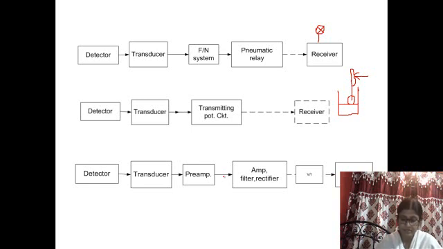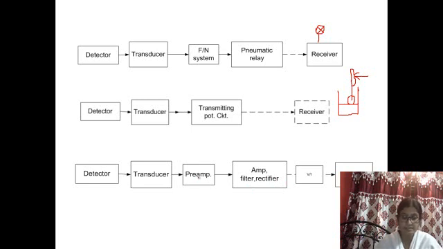And another function of the preamplifier is the function of an impedance converter. That is, it converts high input impedance to low output impedance, so that low impedance devices like filter, rectifier, amplifier, whatever, can be connected at the other side. So this is the purpose of the pre-amplifier. And then the amplifier is for signal amplification and for noise reduction.